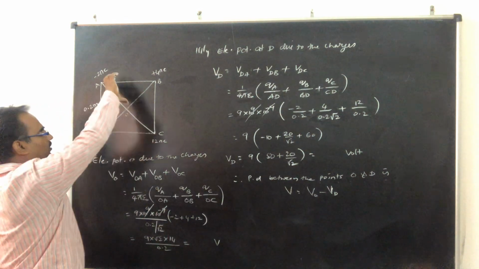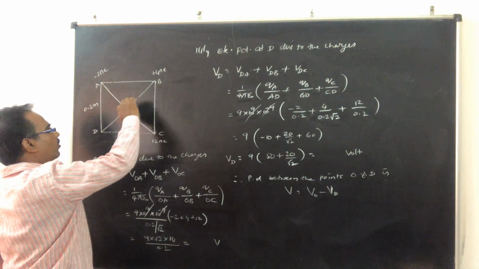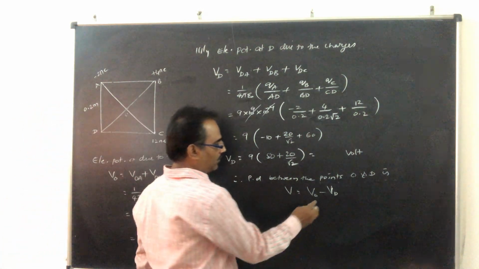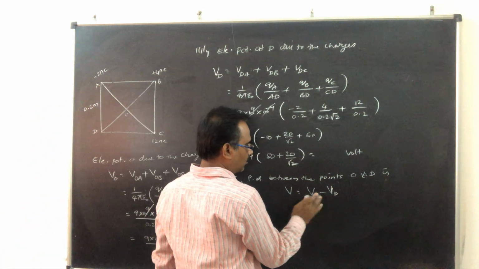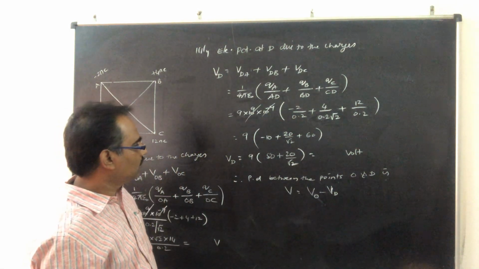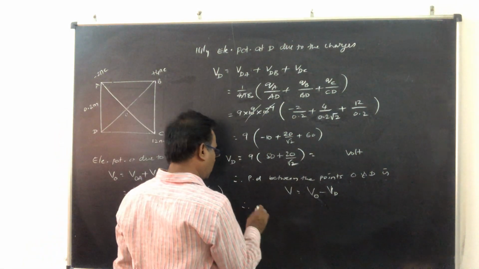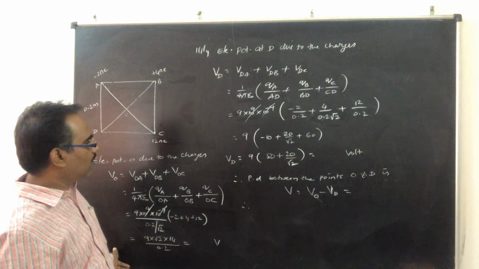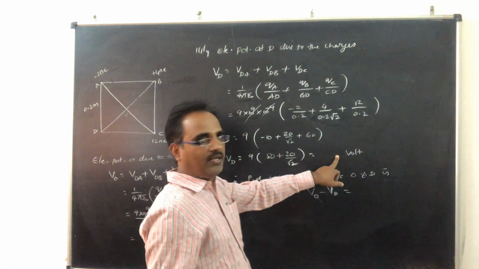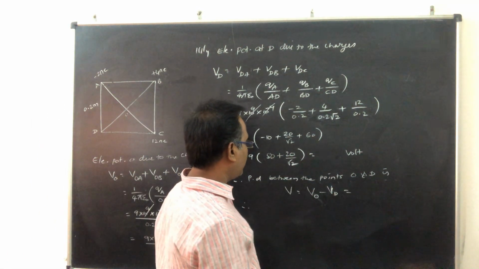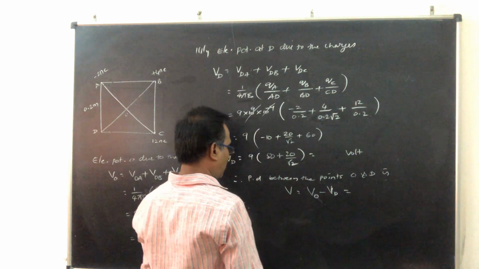Actually, these distances being smaller, the potential at O is higher than the potential at D. Therefore, the potential difference is V0 minus Vd. You calculate this V0 here. You calculate this Vd here, and the potential difference means V naught minus Vd.